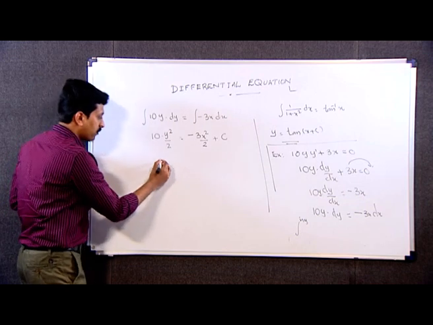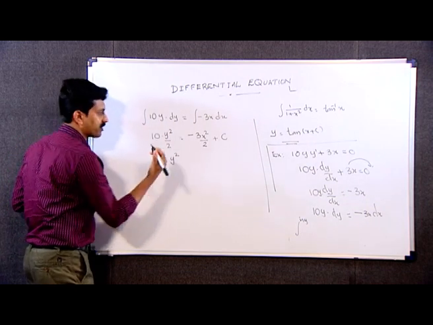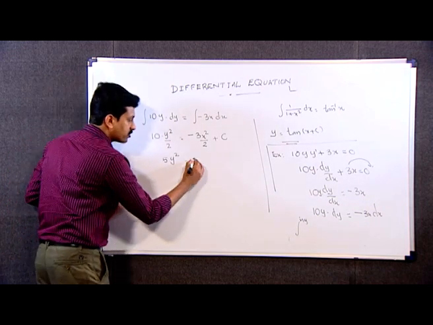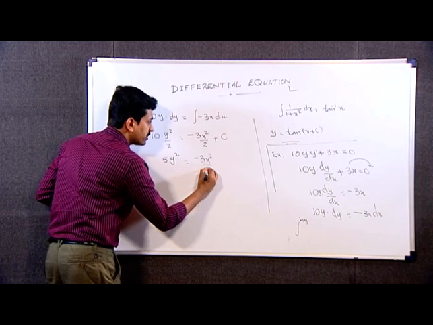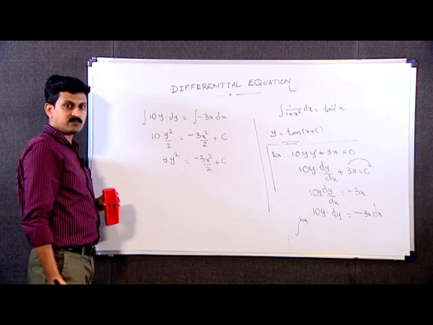So 5y square is equal to minus 3x square by 2 plus c.